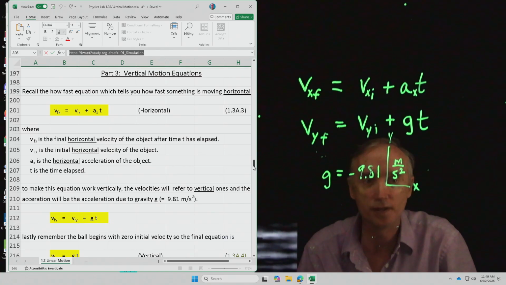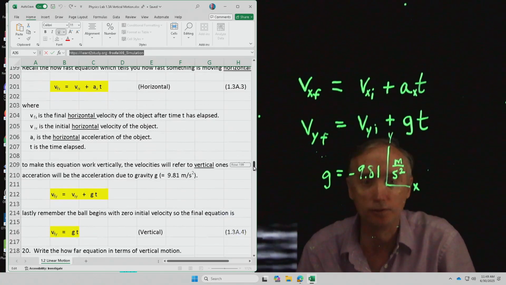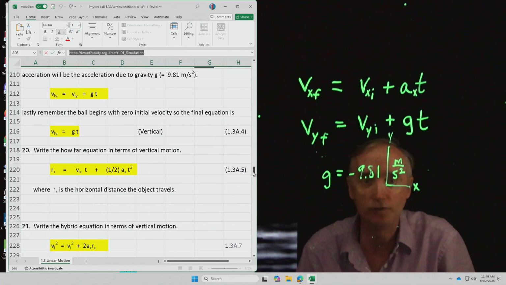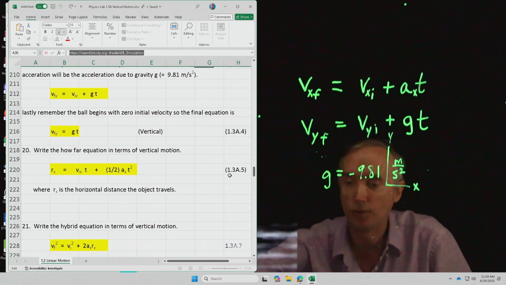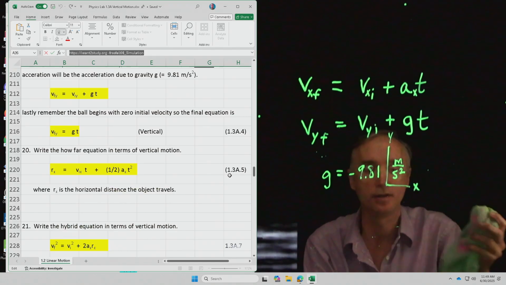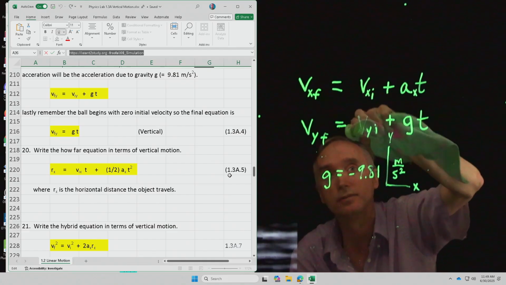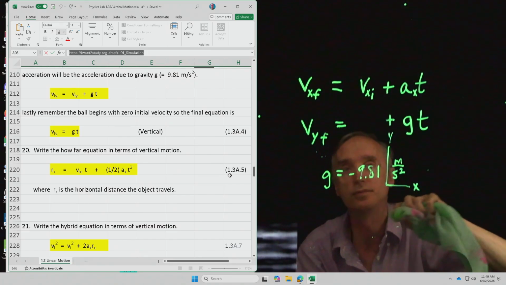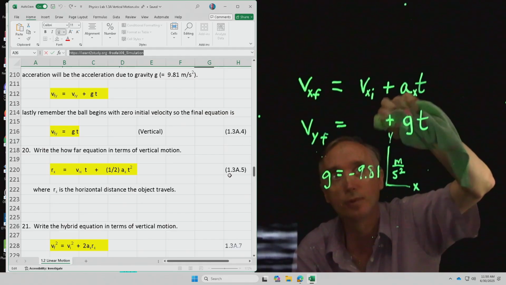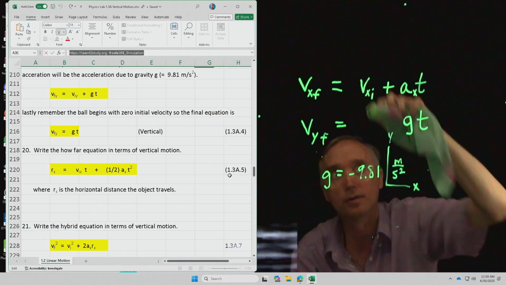Now let's think about what the ball was doing just before you hit the play button. What was the speed of the ball just before you let it go? Okay, it was 0. So that means that we can erase this part right here because it had 0 initial speed, and for that matter, we can get rid of this thing right here.